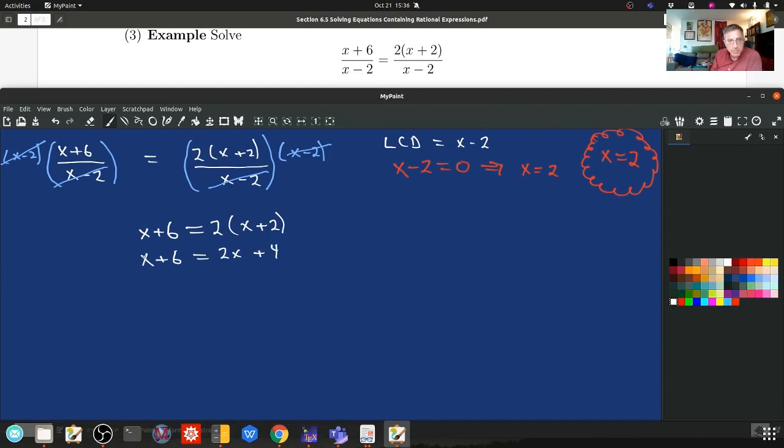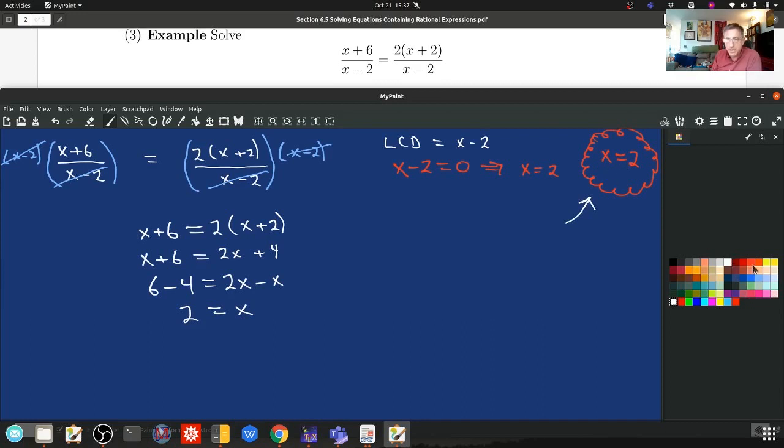So I'm going to take the 4 over to the left-hand side, and it becomes negative, and my x I'm going to take to the right-hand side, and it becomes negative. So I get 2 is equal to x. But right here, in the last step, I notice that x cannot be equal to 2.